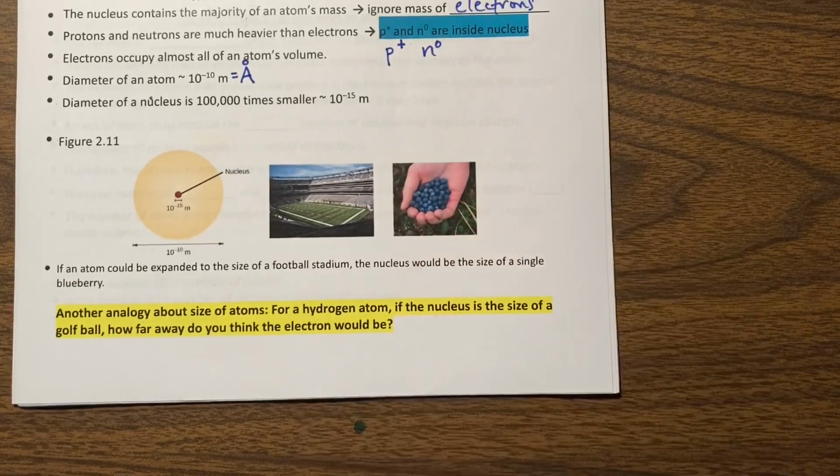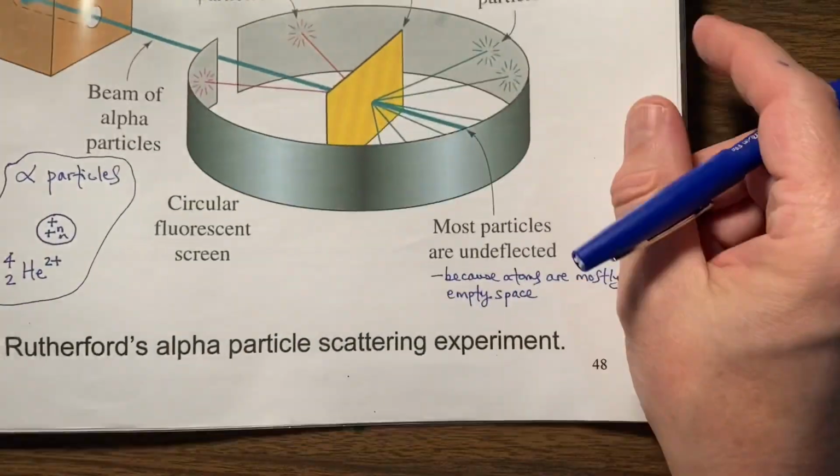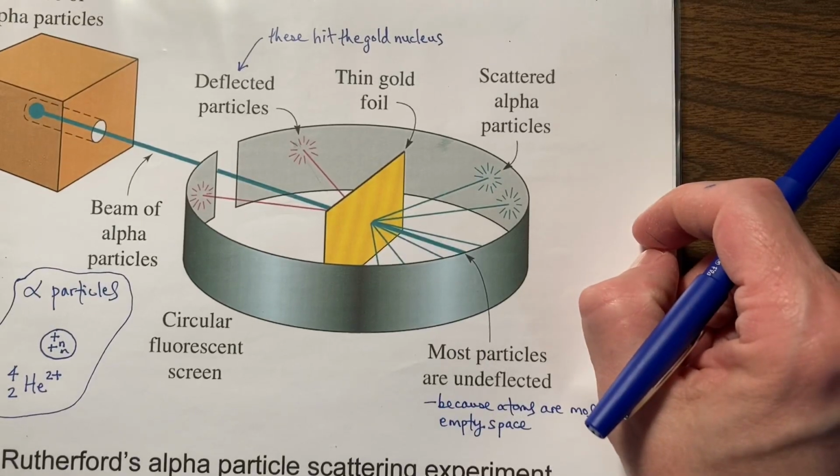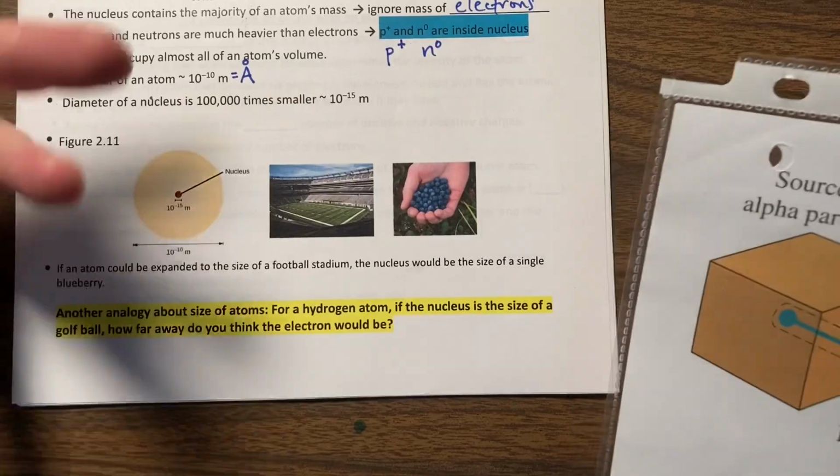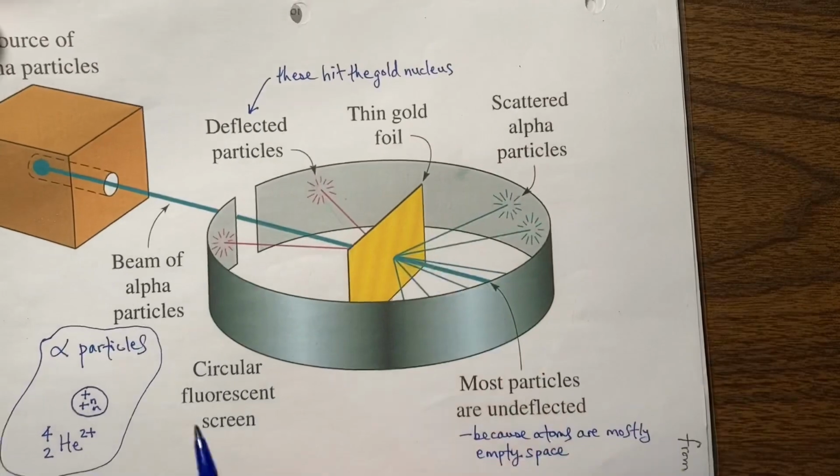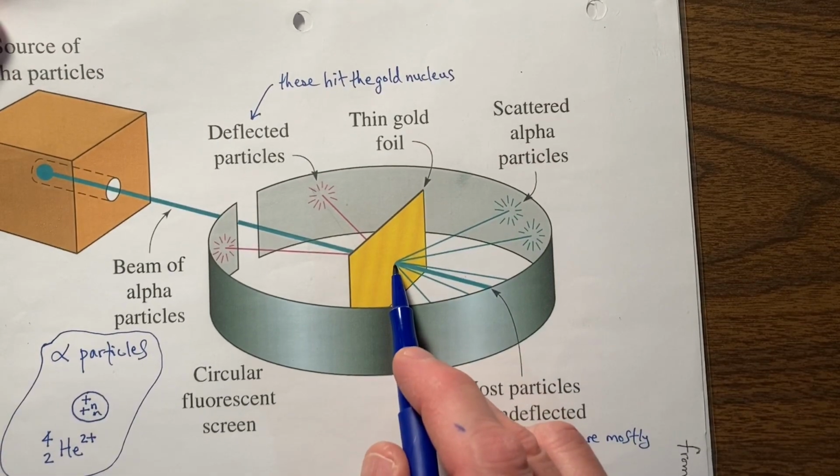And again, that is a direct result of Rutherford's famous experiment, that most of the particles passed right through the foil. Since the atom, we understand, is mostly empty space, the center of the atom is where all the mass is.